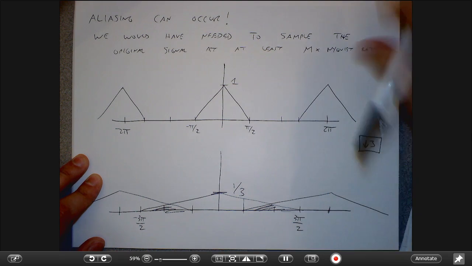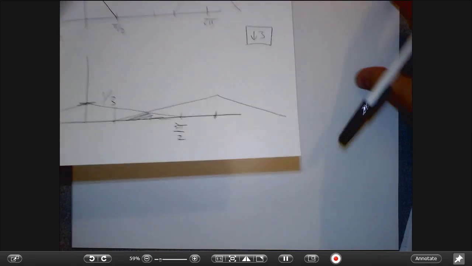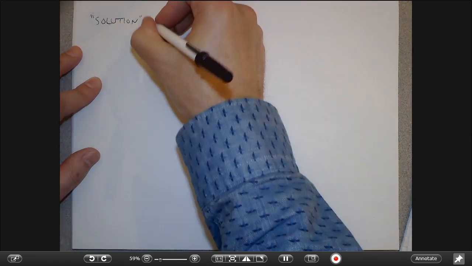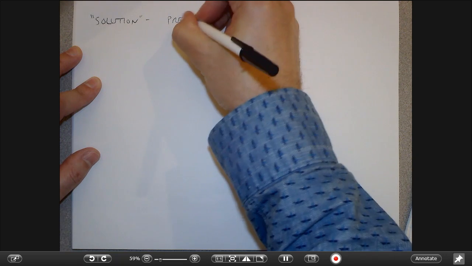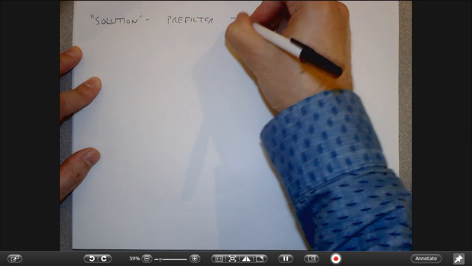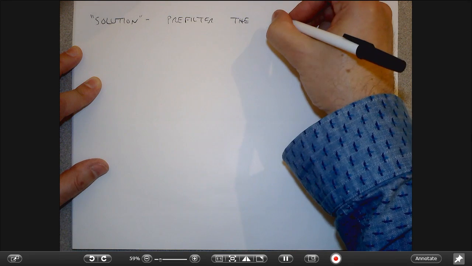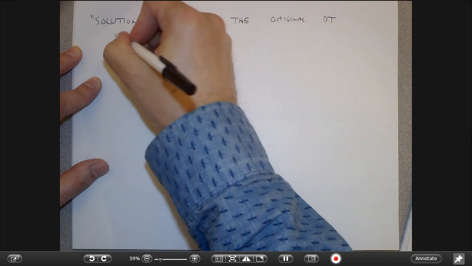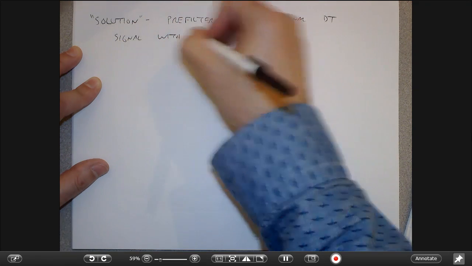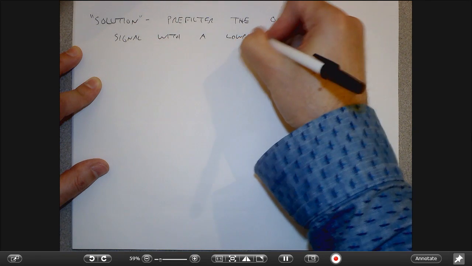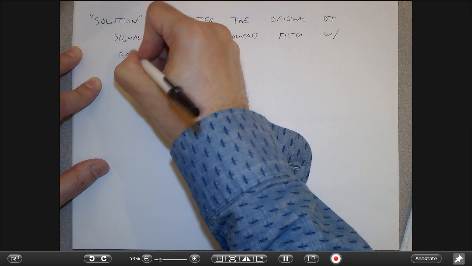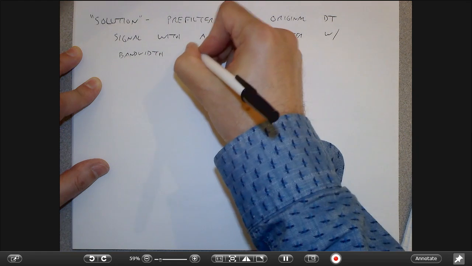I'm just going to say solution in quotes, because it doesn't really solve the problem, it just mitigates the problem. I can pre-filter the original discrete-time signal with a low-pass filter with bandwidth 2 pi over m.